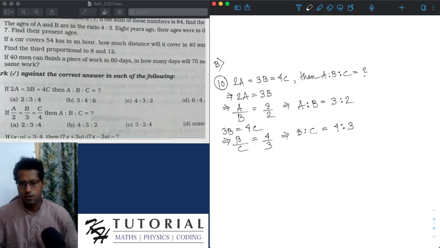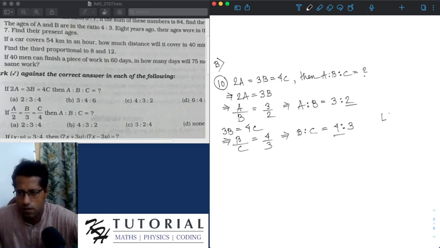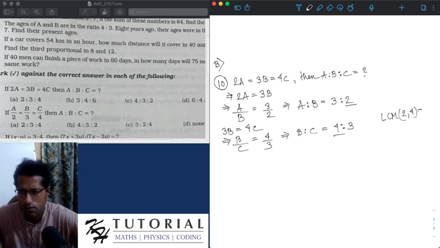Now we have to find A is to B is to C, and we have found A is to B and B is to C, and we see that the term B in both the ratios is not the same. B in the first ratio, A is to B, is 2, and B in the second ratio, B is to C, is 4. We have to somehow make the B terms in both the ratios the same. So we will take the LCM of 2 and 4, which is 4.